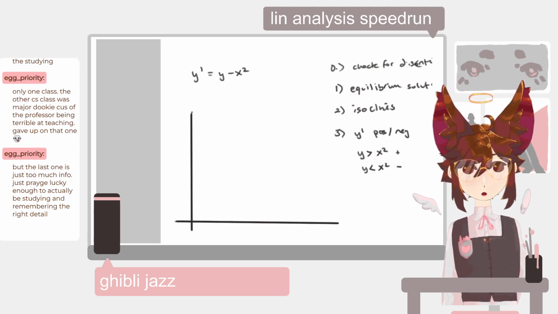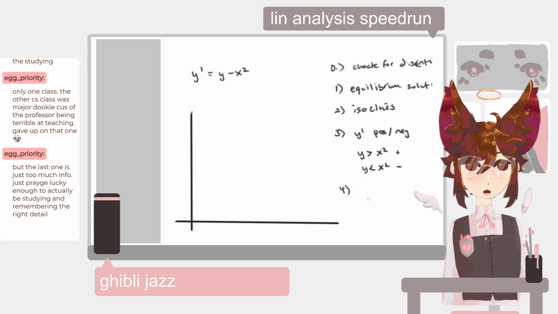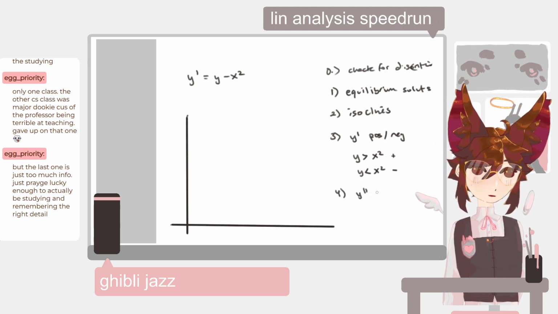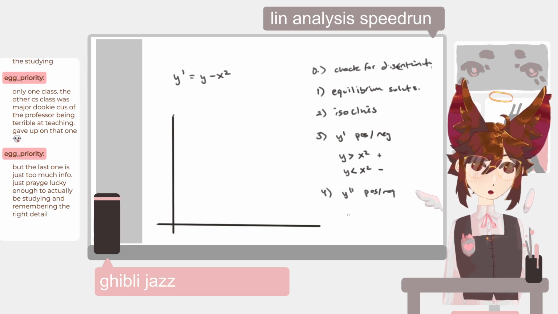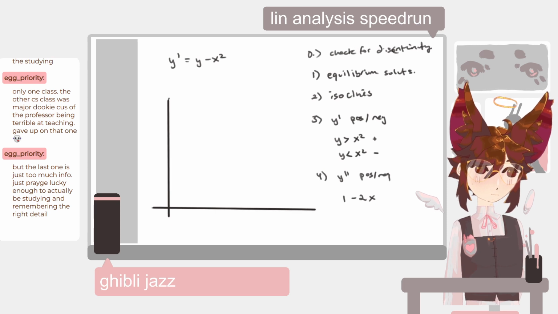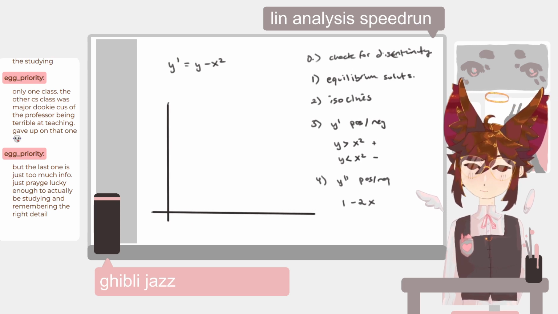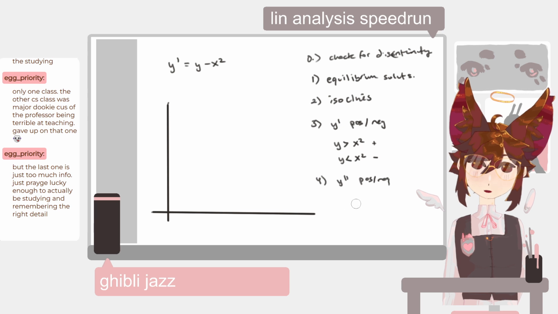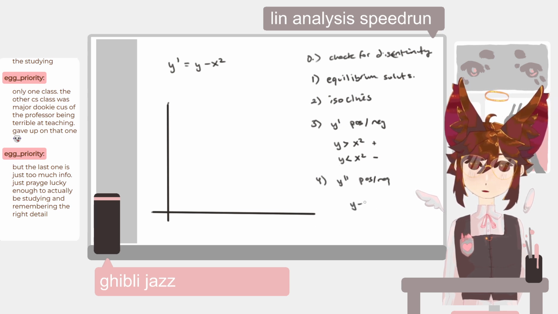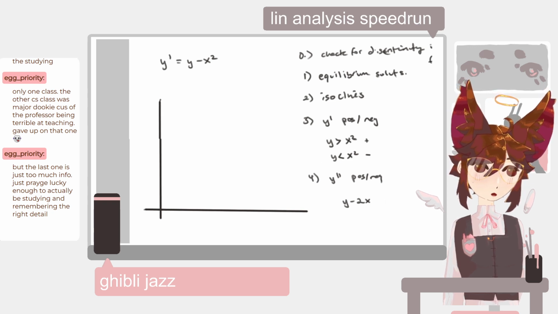We can also look at the second derivative, so when y double prime is positive or negative. That would be 1 minus 2x. Can I do that? Maybe I can't do that. Maybe y minus 2x, something like that.